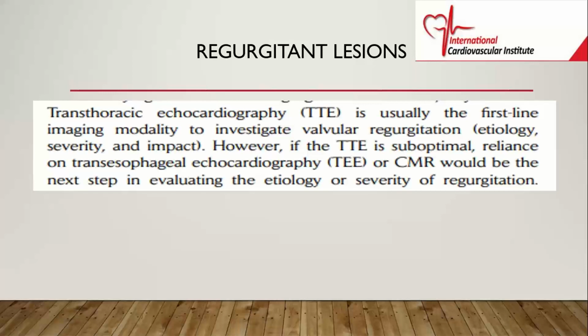The first test that you should do if you suspect a regurgitant lesion is your transthoracic echo. And your transthoracic echo can give you a lot of information. As a matter of fact, the transthoracic echo can categorize not only the severity but the mechanism of the regurgitation.